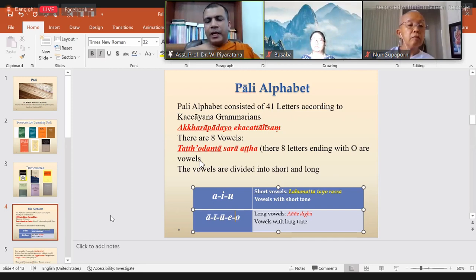Even though it starts with O, the second part of the word has combined letters, so even these 2 letters, E and O, we pronounce as short vowels. So please notice that E and O are always pronounced as long vowels otherwise. Odanaṃ. What does odana mean?